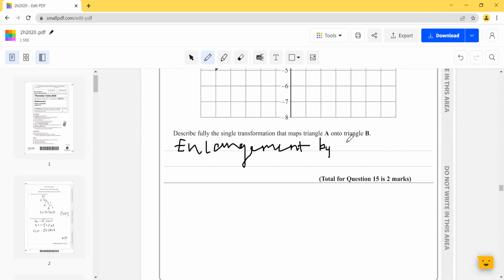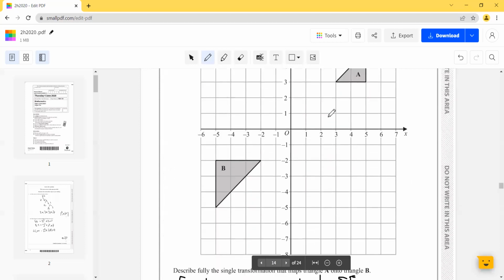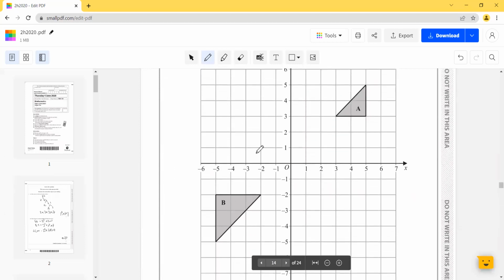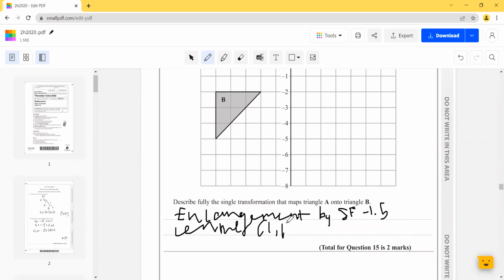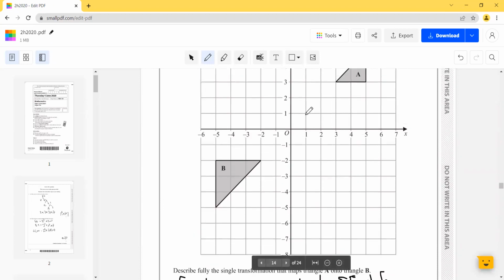So the scale factor isn't positive, it's negative. And the scale factor is, well, it's 1.5, but negative 1.5. Center is at 1. Okay, because you can see it's just this point over here.